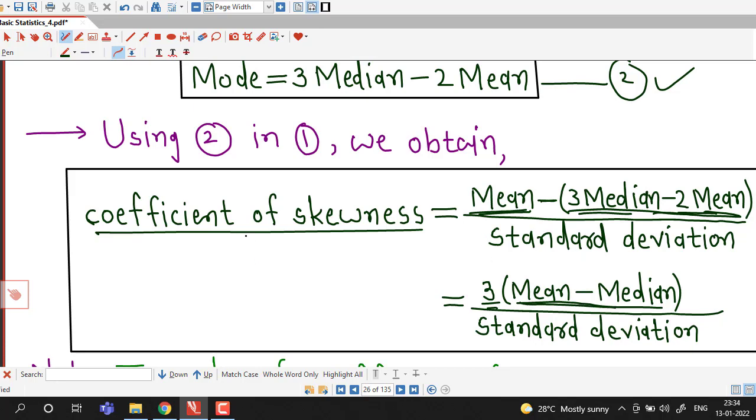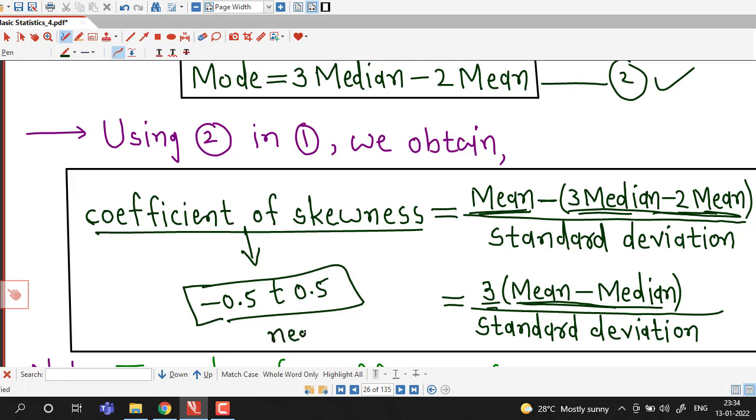Now this coefficient of skewness, if value of this coefficient which we calculate is between minus 0.5 and 0.5, then we can say that distribution is nearly symmetrical.